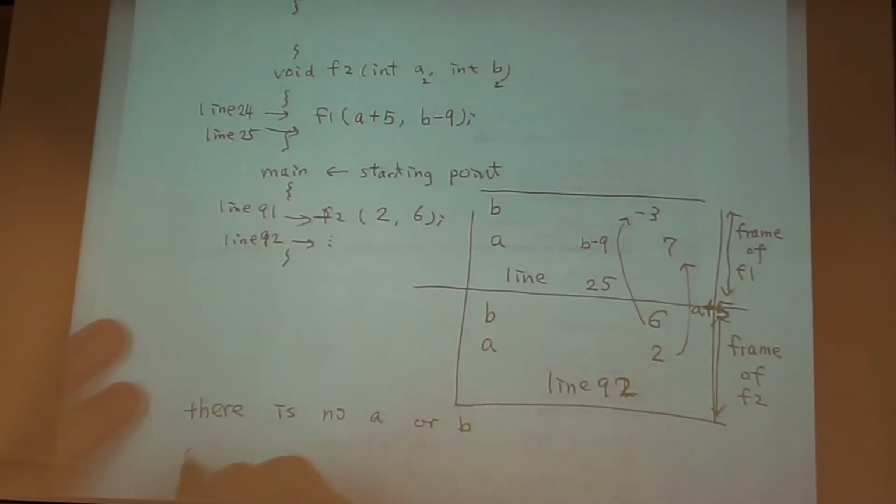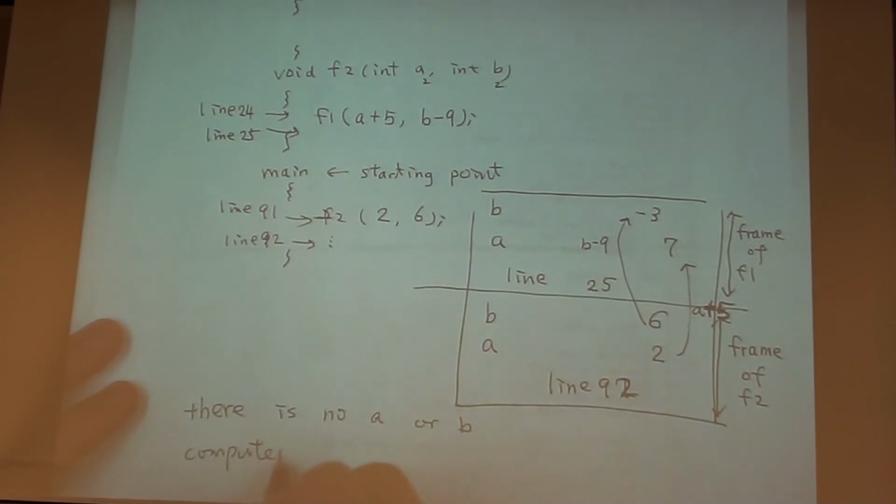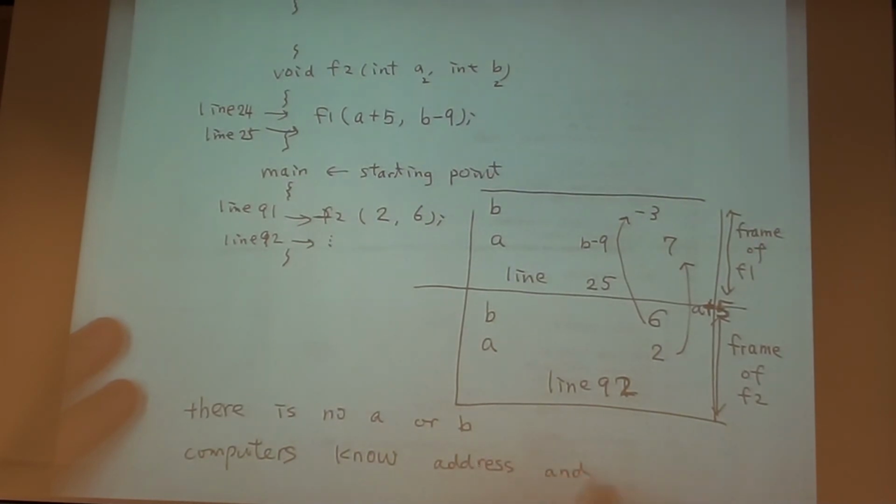Computers know address and value. Computers do not know symbols. So there's no such thing as A and B inside of your computer program.